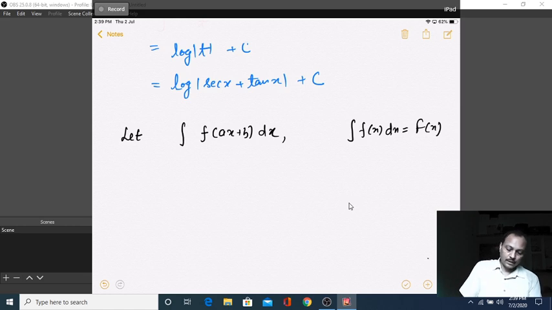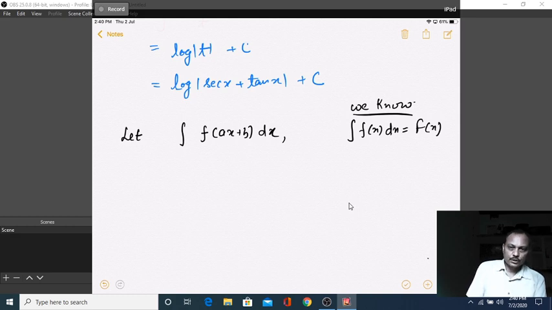Then what will be the integration of f of ax plus b? So we know, or we can say it is given, that the integration of f of x dx is capital F of x, and we have to find the integration of f of ax plus b.